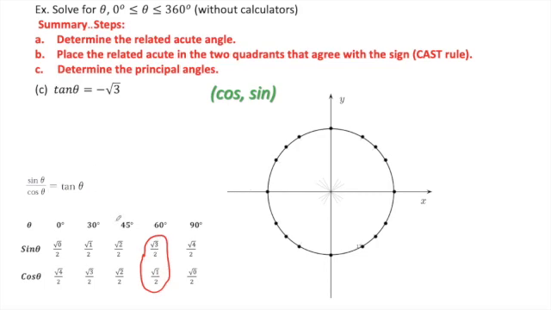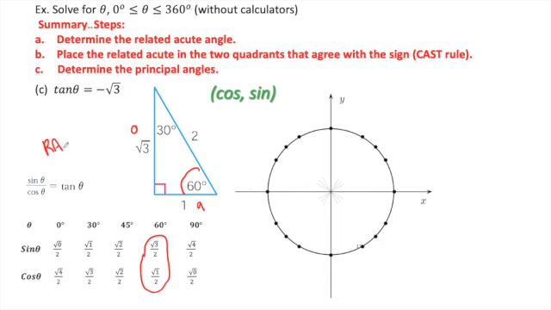Okay, so another way of figuring it out is to know that your root 3 is in your special triangle with your 30 and your 60 degrees, and you know that opposite and adjacent is your tan ratio, and that's your 60 degrees. So root 3 all over 1 is going to be your 60 degree related acute angle.